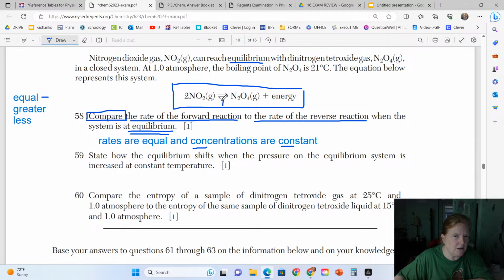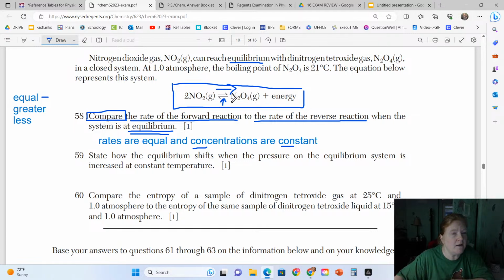This has arrows in both directions. I know it kind of looks like an equal sign, but what it means is that you have 2 moles of NO2 gas going this way and forming N2O4 and releasing energy.